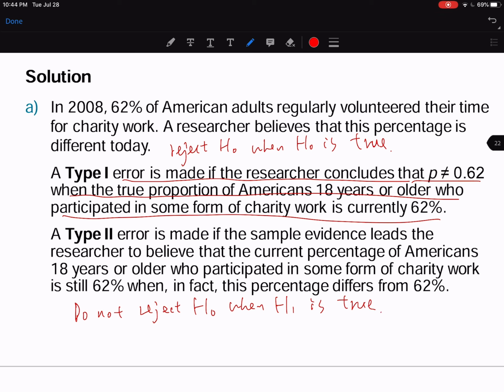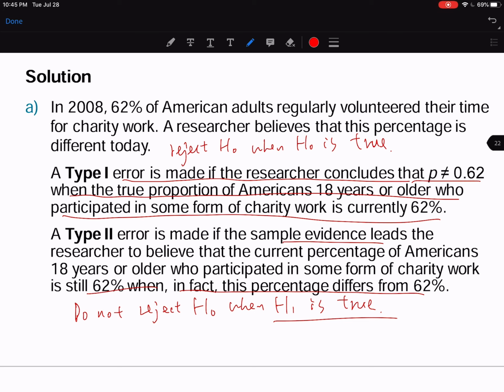So what it's doing here, it says when in fact this percentage differs, which means the alternate hypothesis is true, right? But the conclusion is that the sample evidence leads the researcher to believe that the current percentage is still 62%.